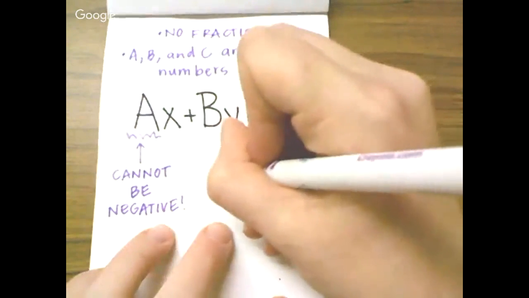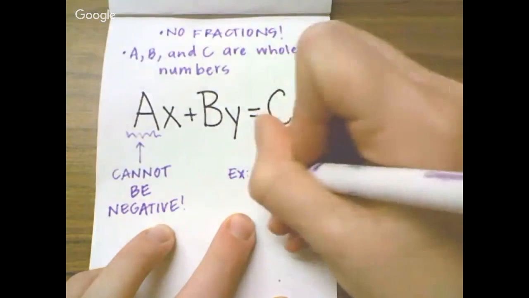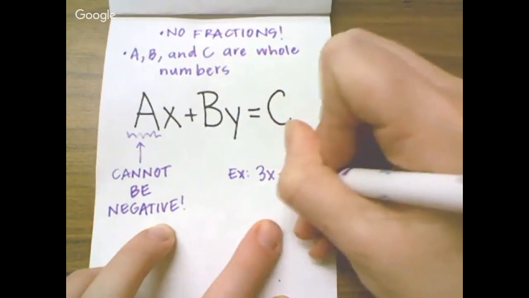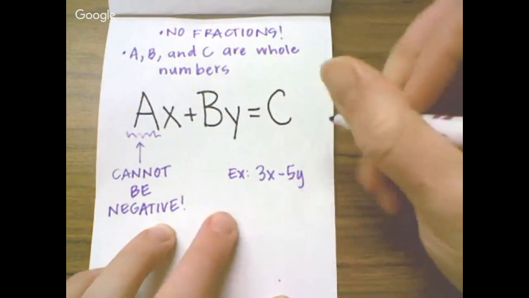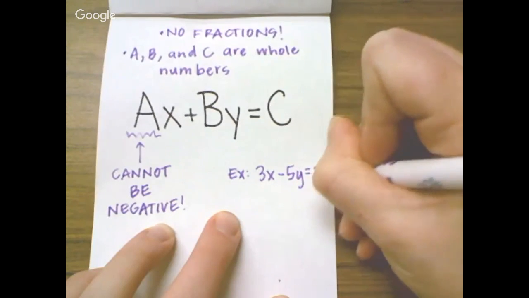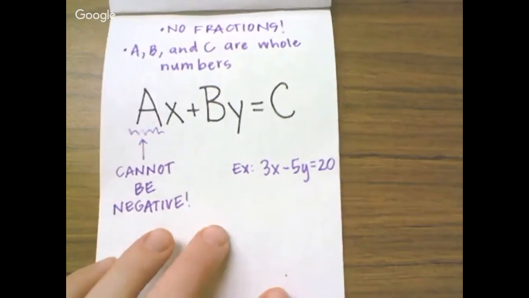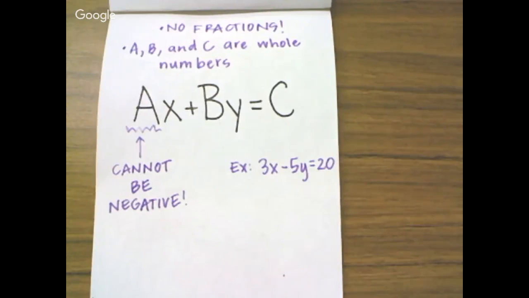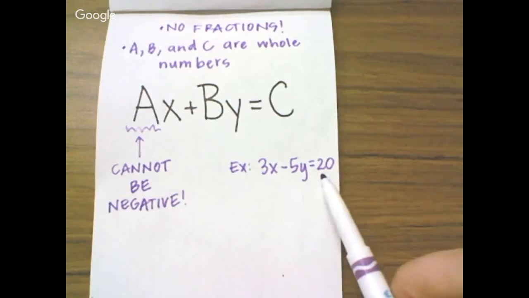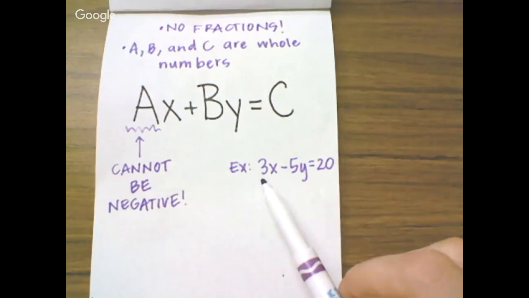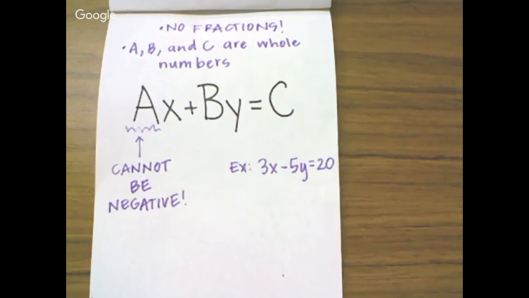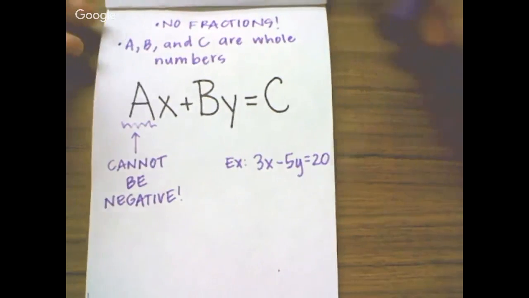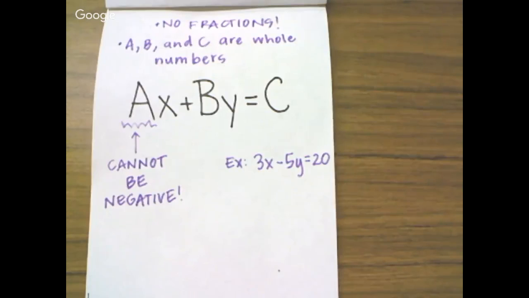So my example here could be 3x minus 5y equals 20. That's an example of a standard form. So all whole numbers, and my A is not negative, so I'm good. Okay, so these are all equations of lines. We're going to now take that and glue it into our notebook.